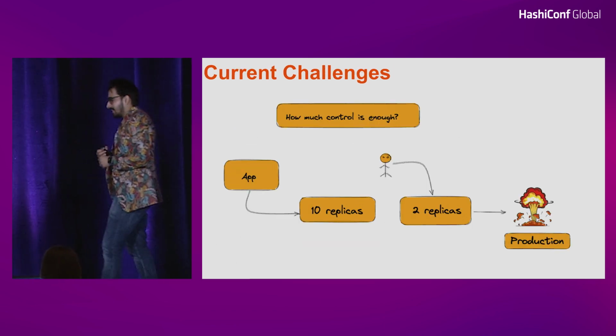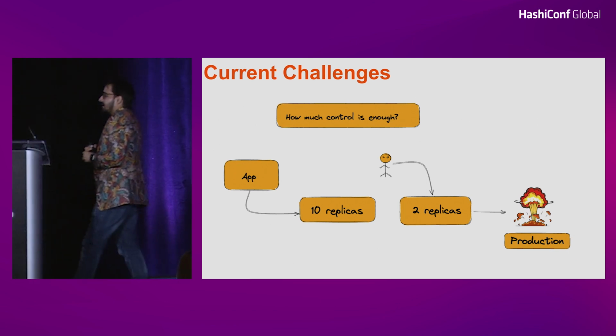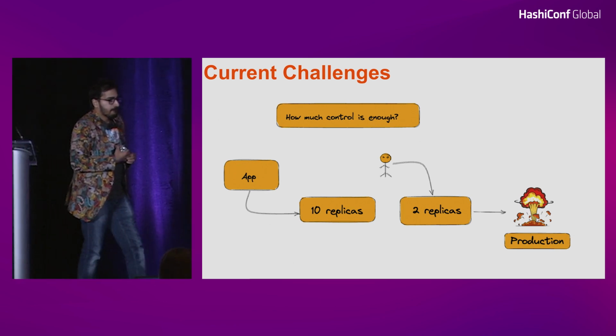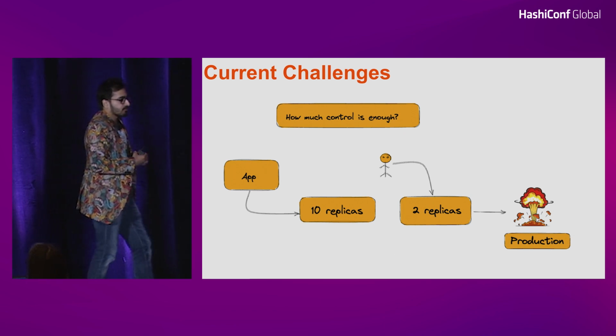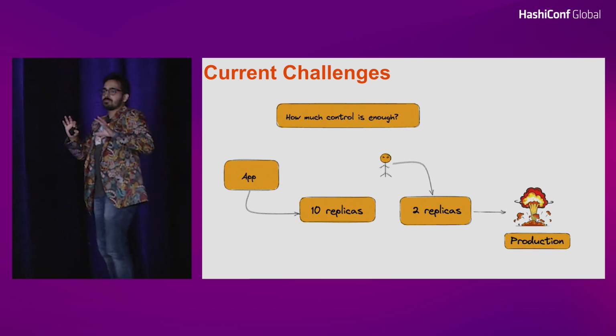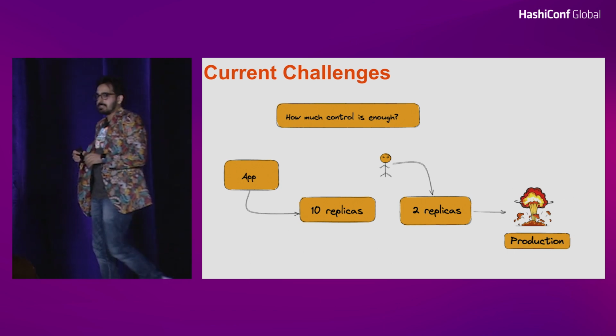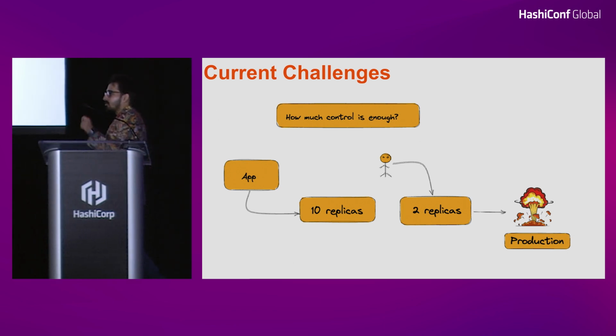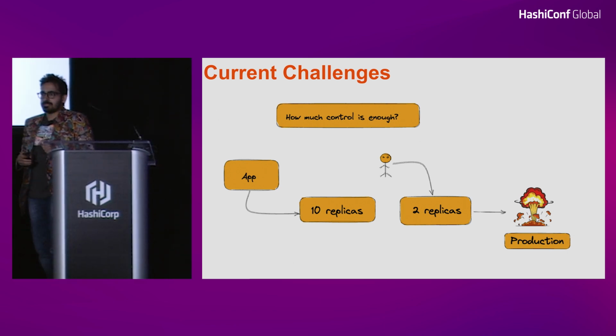So we have talked again about scenarios where it can be used. Let's talk about some of the current challenges. How much control? So we say that, okay, a developer can deploy your application from development to production very easily. But how much control is enough to be given to a developer to actually deploy to production?